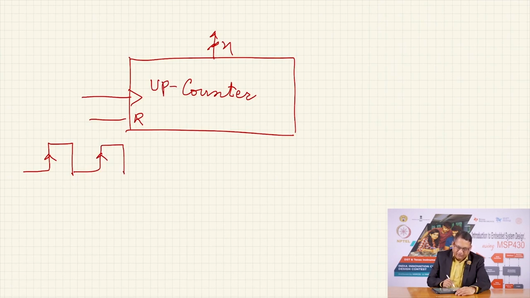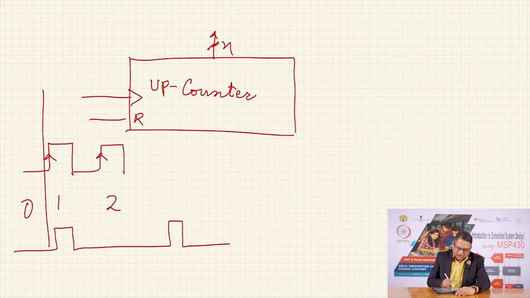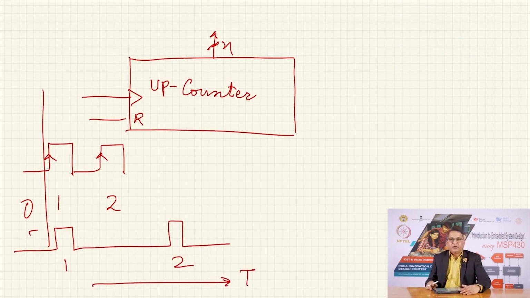So, let us say that this is an up counter. If the initial value before this was 0, the count will be 1 here and it will be 2 here. Whether the signals applied to the clock are like this or like this, here it will be 1 and it will be 2 at this point of time. This is time, and these are the pulses that you are getting.